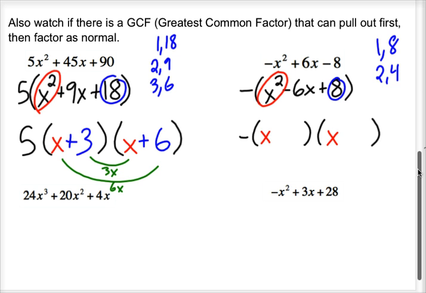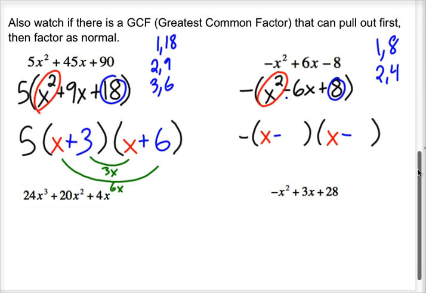Now, the thing that I find interesting is notice it is a negative 6x. All right? So we have to multiply to negative 8, but then somehow combine the like terms to be negative 6x. So to multiply to be positive, yet add to be negative, we're talking about two negative numbers.